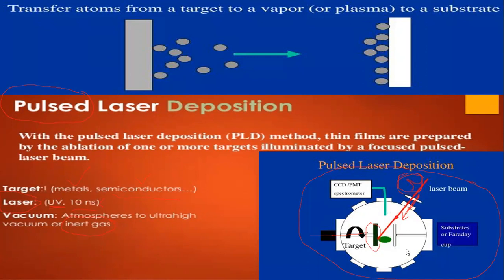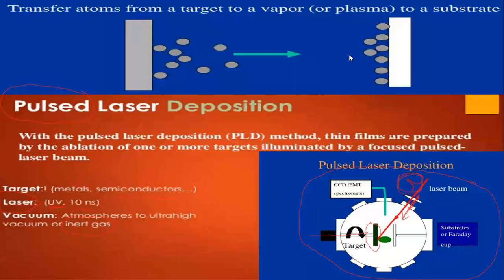Okay, and here the plasma is created, and due to the plasma and laser, the lattice atoms break, and due to the plasma all the atoms are vaporized. And because the atoms are vaporized and the chamber is evacuated by the vacuum, all the atoms get transferred towards the substrate side.